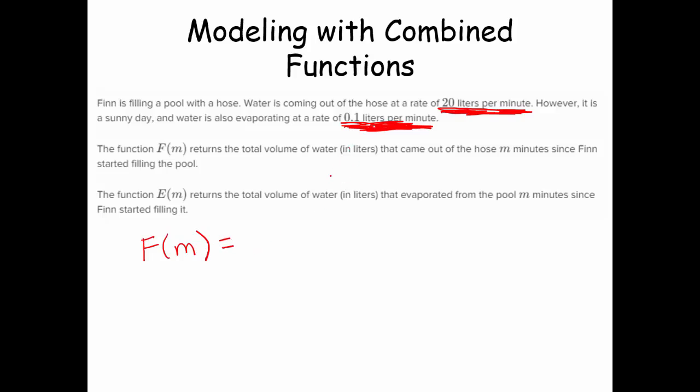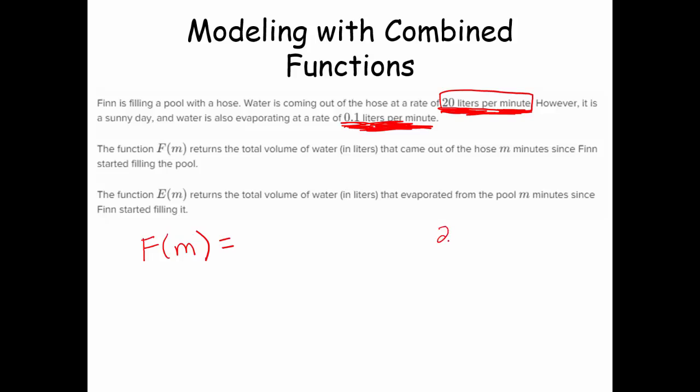Okay, so we need to be thinking, how fast is the water coming out of the hose? Well, that's at the rate of 20 liters per minute. So if we multiplied that by how many minutes the water is running, then we would get how much water has come out of the hose. So over here on the side, let me do a quick example.